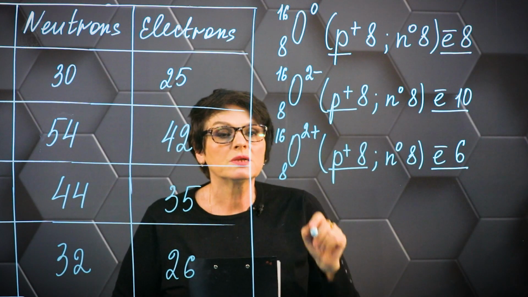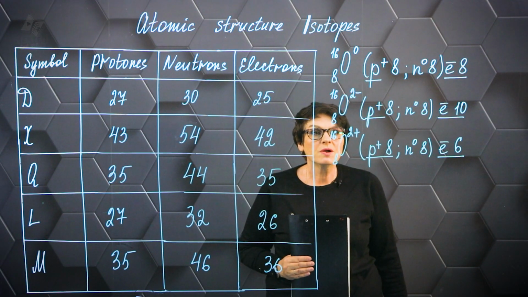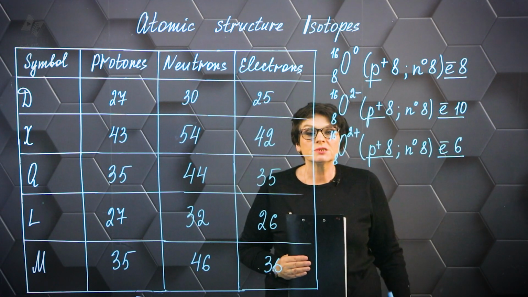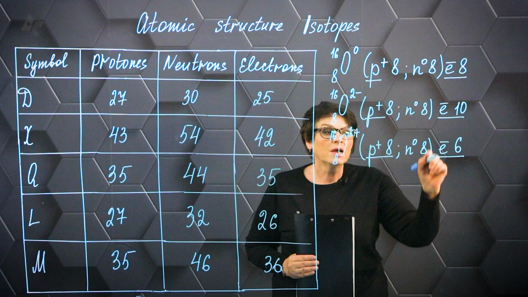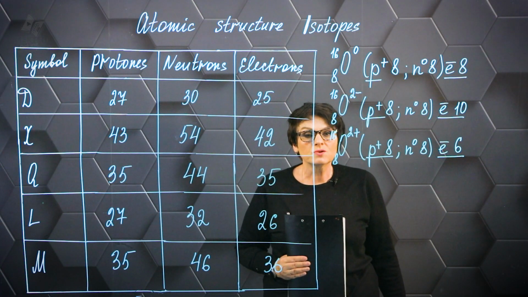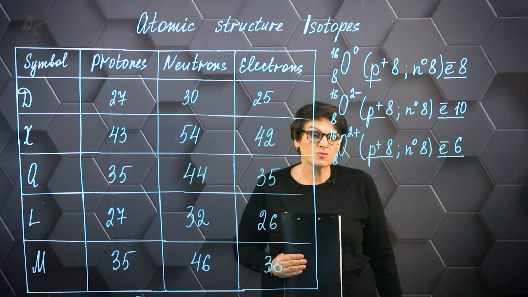And if the number of electrons is less than protons, then the charge will be positive, correspondingly equal to the difference between protons and electrons.